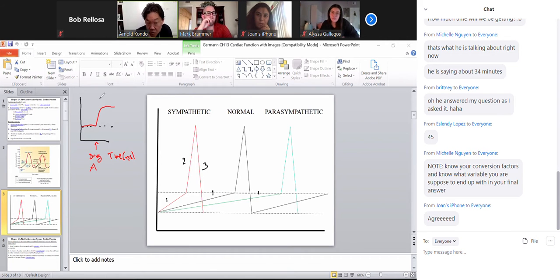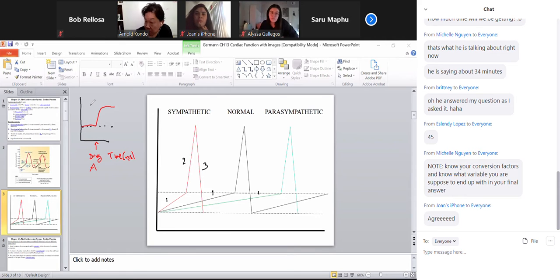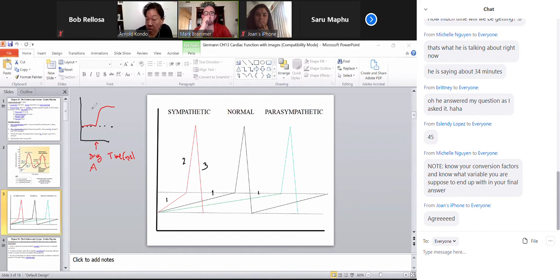It's increasing the permeability of sodium. But could it also be decreasing the permeability of potassium? Yes. Whether you increase or decrease the permeability or the inputs, you can get the same kind of results.